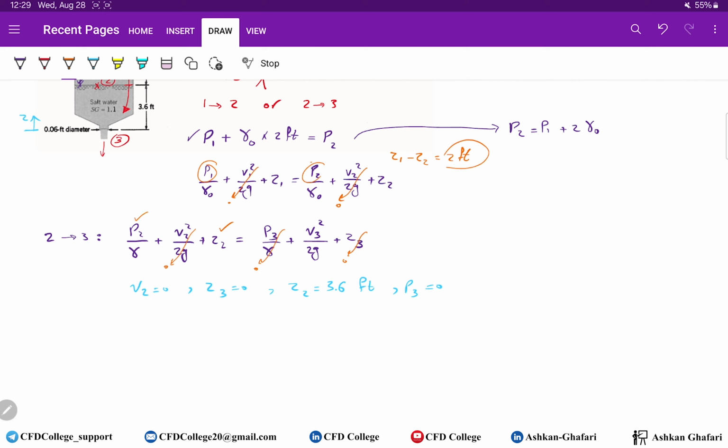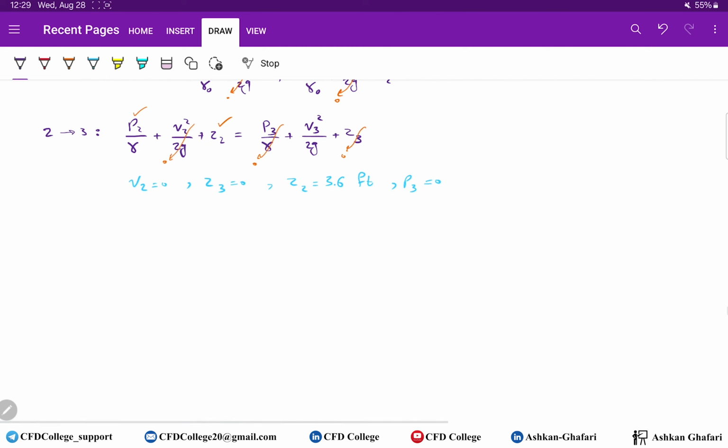And what about V3? We know the flow rate and we have the diameter, so we can calculate velocity. V3, Q equals A3 V3. So V3 can be found if we divide Q by A3. So Q is 0.09, let me check.